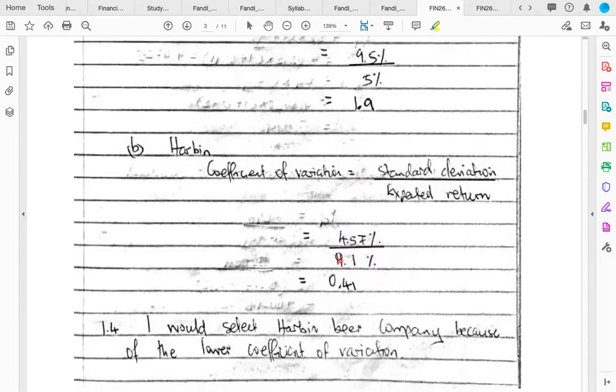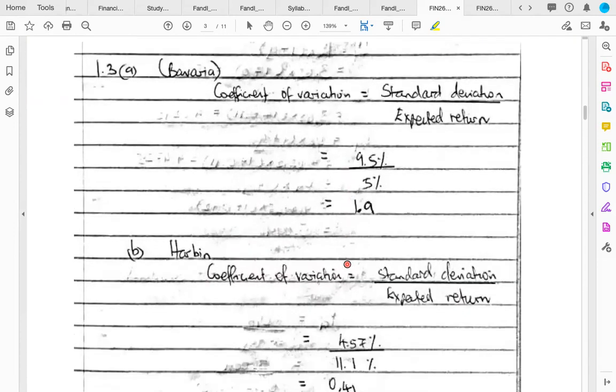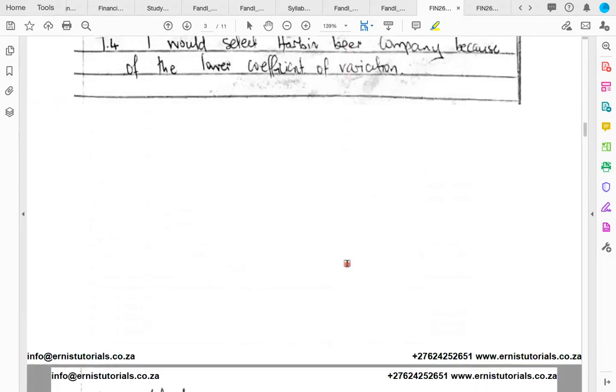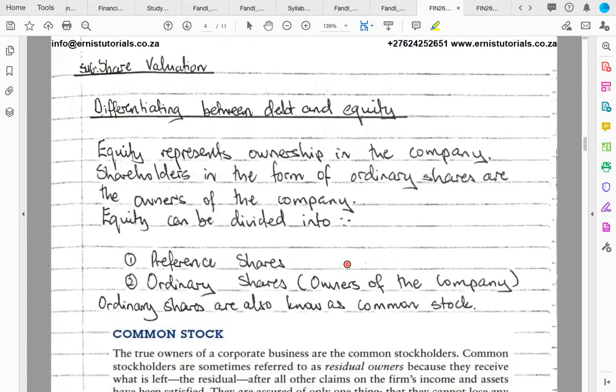So in this case, we would select Harbin Beer. Okay. So I hope you practice through that and you now understand how to do calculations involving expected returns, standard deviations and coefficients of variation.